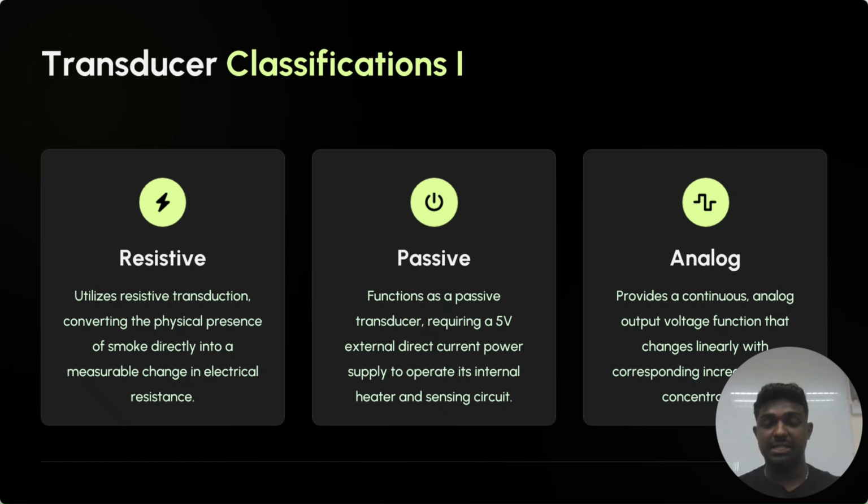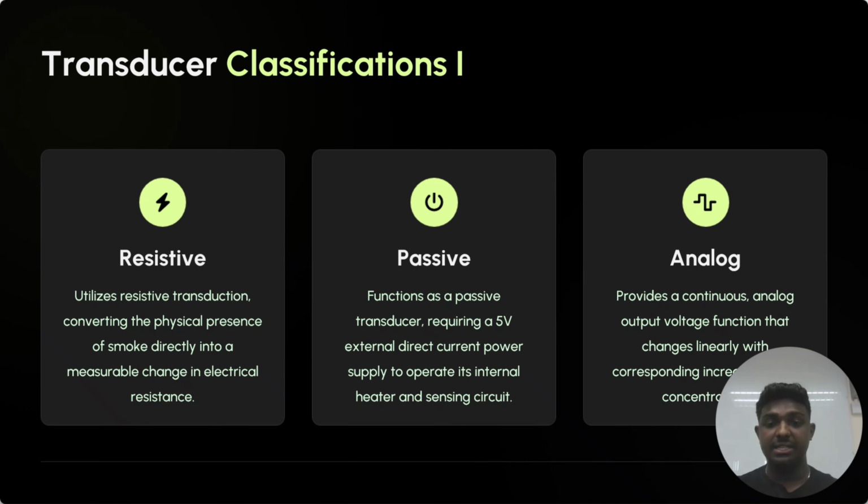Transducer classification 1. Based on the classification method we learned in week 1 to week 6, we have identified several key types for the MQ2. First, it is a resistive transducer. Its primary method of sensing is changing its internal resistance. Second, it is a passive transducer.